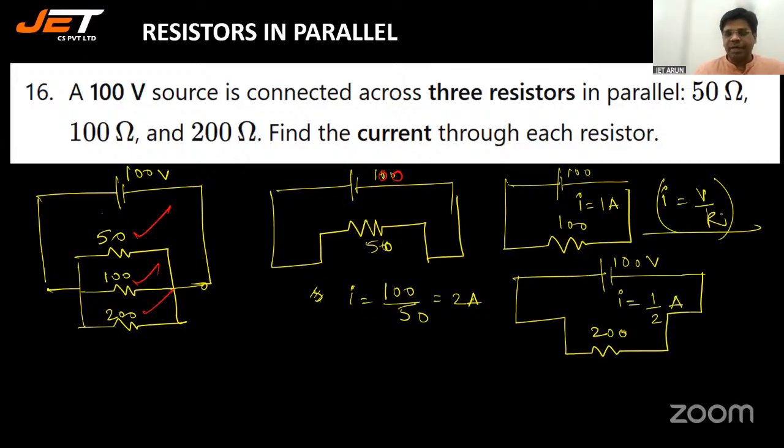If I make I the subject, I is equal to V by R. 100 by 50 is my 2 amperes through 50. Through 100, it's 100 by 100 because V is 100, R is 100. I get 1 ampere. And for 200, 100 by 200, which is 1 by 2 ampere or 0.5 ampere. Is it okay, Pranita?